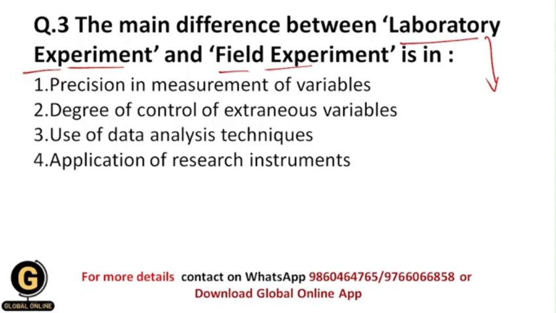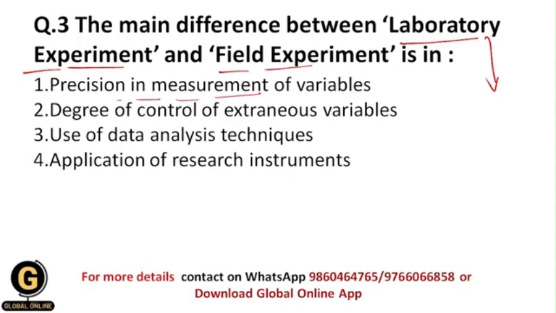That's why we should remove or control such extraneous variables, and that's why we go for the experimental research method, because we can do such research in the laboratory only, in the controlled environment, so that we can control the extraneous variables to a greater degree than in the field experiment. So let us see the different options.